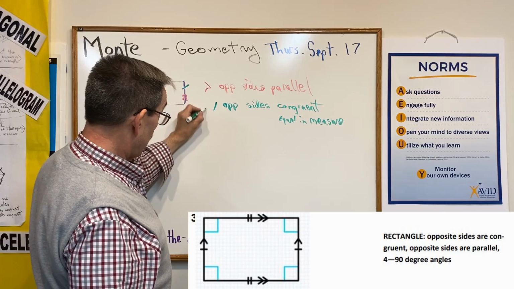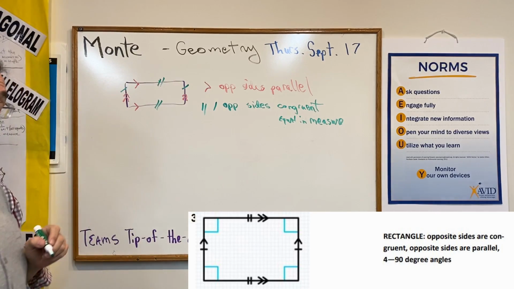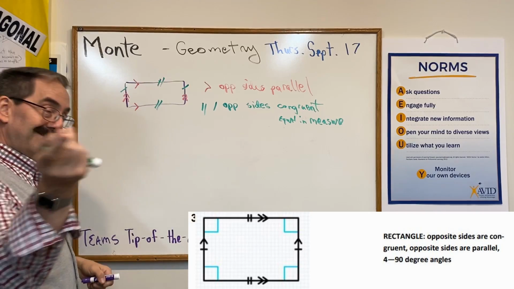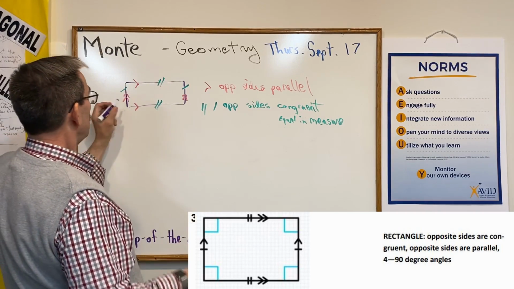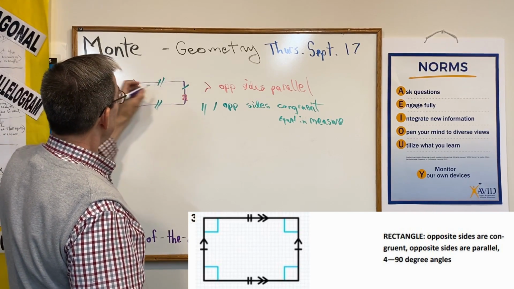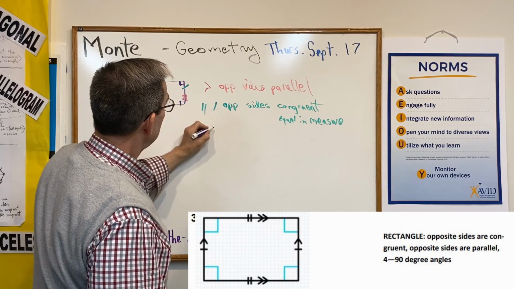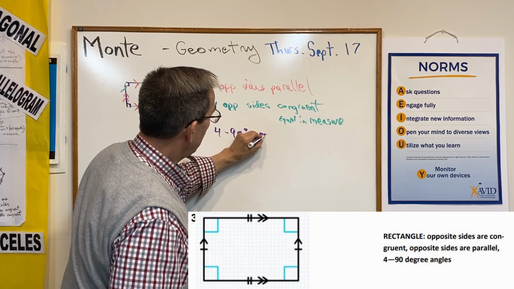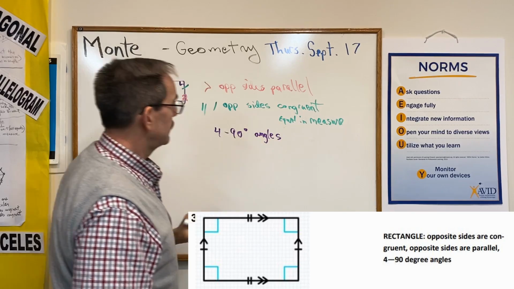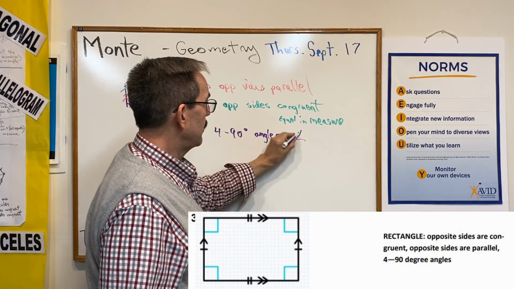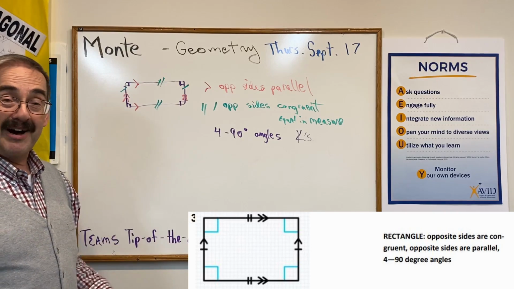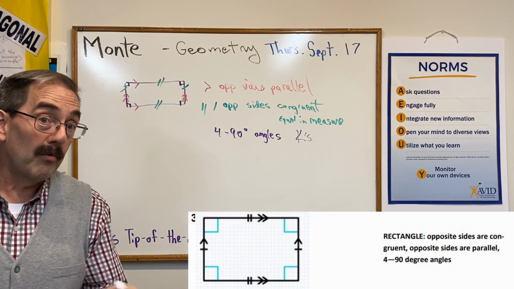Hash mark, hash mark, hash mark. Anything else makes a rectangle a rectangle? Corners. 4 90-degree angles. Look at all the symbols that we talked about with 3 shapes that you already knew.